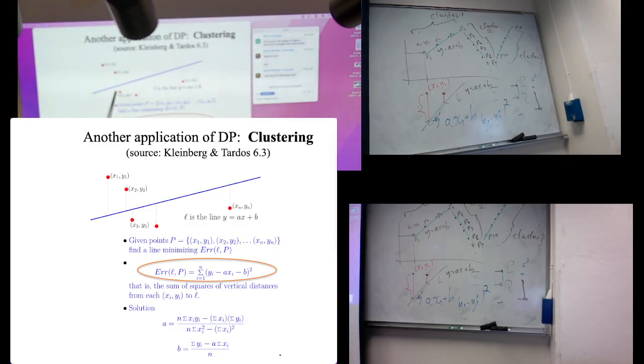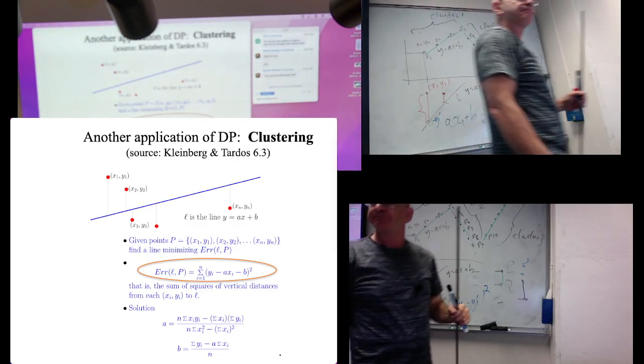The sum of the error with respect to x1, this distance squared plus this distance squared plus this distance squared plus this distance squared. If I use this value of a, this value of b, then this error will be as small as possible with this set of points. In particular, if the points are collinear, then obviously this line will just go through all these points.